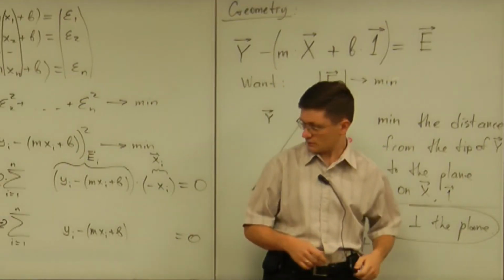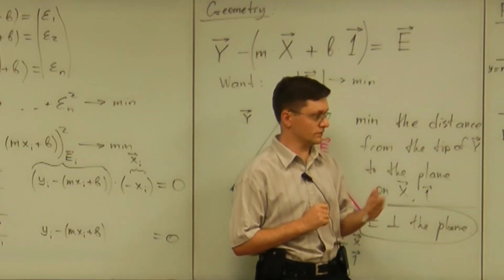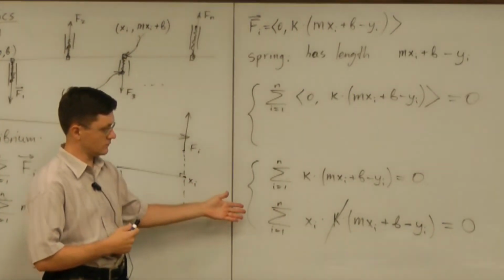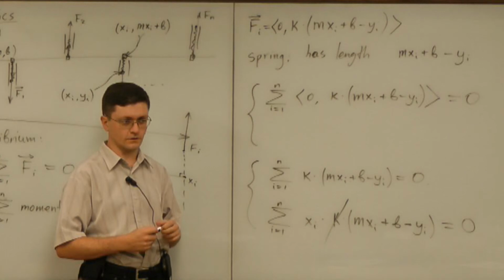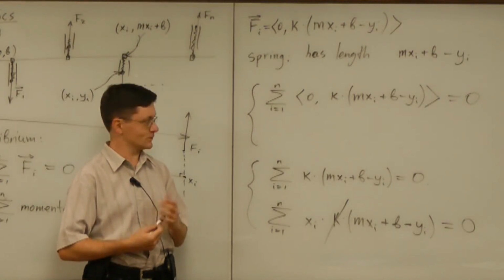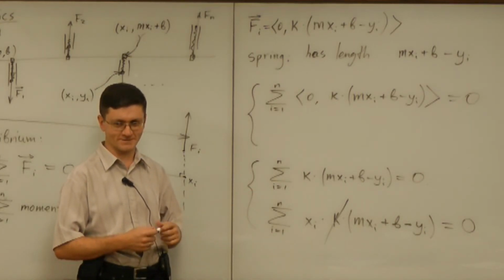Algebraically, it means that the partial with respect to m is 0. And in physics, it says a very precise thing. It's the momentum that equals 0. So the physics doesn't miss anything. Isn't that good?